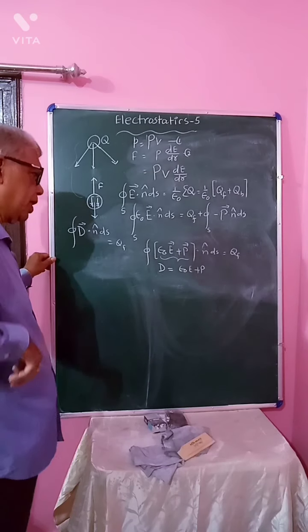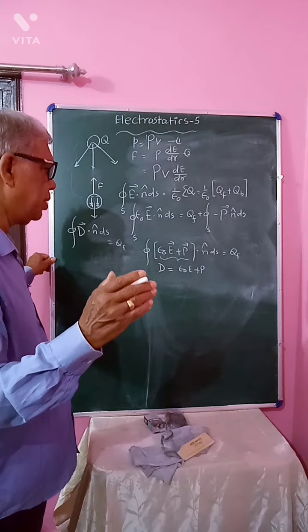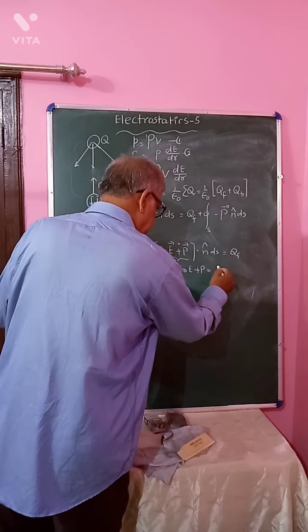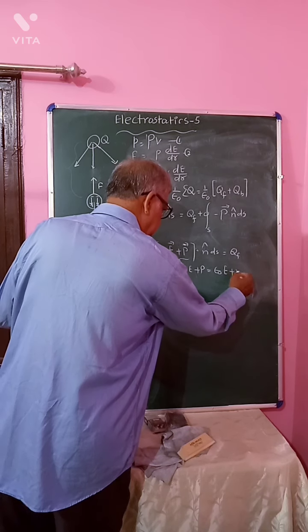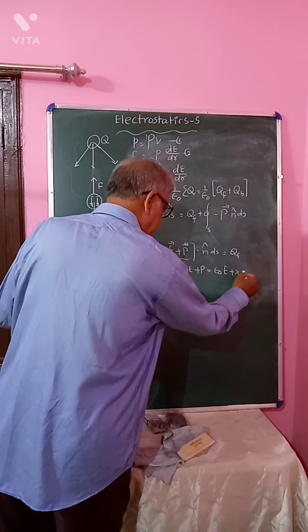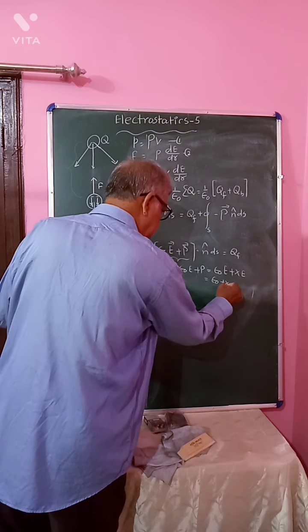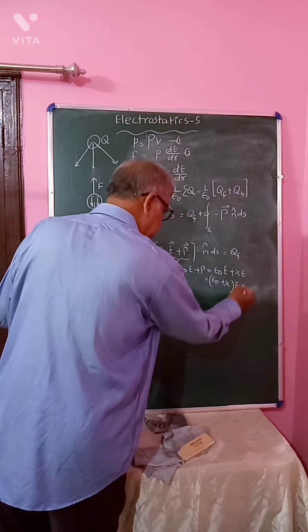Now polarization depends upon electric field as well as nature of the medium, and we write P equal to epsilon 0 times susceptibility chi e into electric field. Susceptibility is an electrical property of the medium.